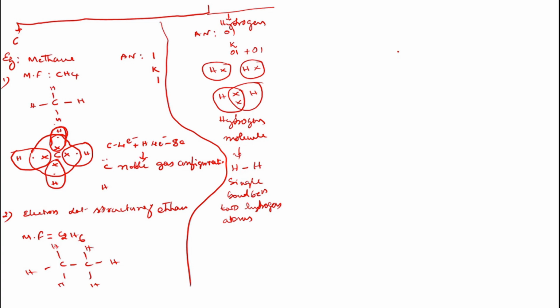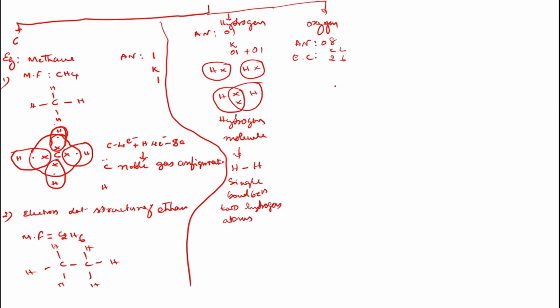Now we will see oxygen. The atomic number of oxygen is 8. So the electronic configuration of oxygen is K, L, 2 and 6.